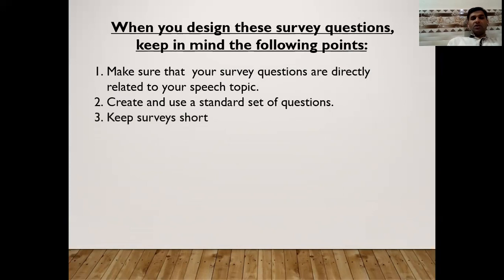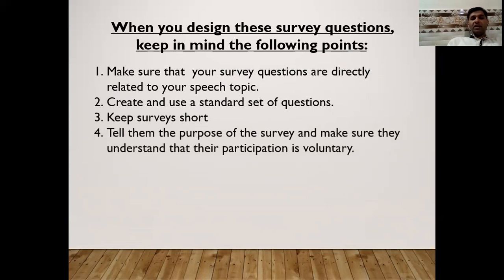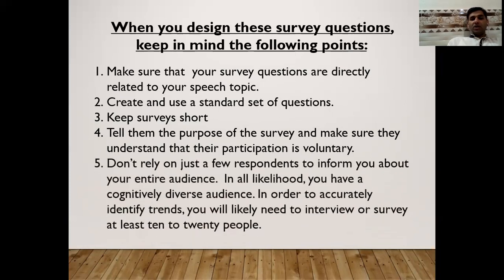Number 3, keep surveys short so everybody can take the time to fill them out. Number 4, tell them the purpose of the survey and make sure they understand that their participation is voluntary. Don't rely on just a few respondents to inform you about your entire audience. So you need to get at least 10 to 20 responses.